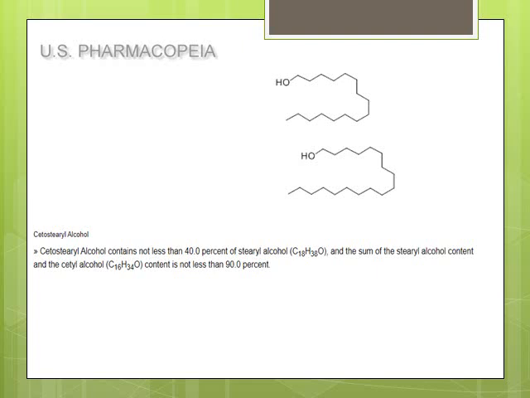So again, depending on what you buy, you may have a different ratio of these two fatty alcohols, and in your reverse engineering you may find that this ratio is different in the raw material that you have in house versus what you see in the product that you are reverse engineering.